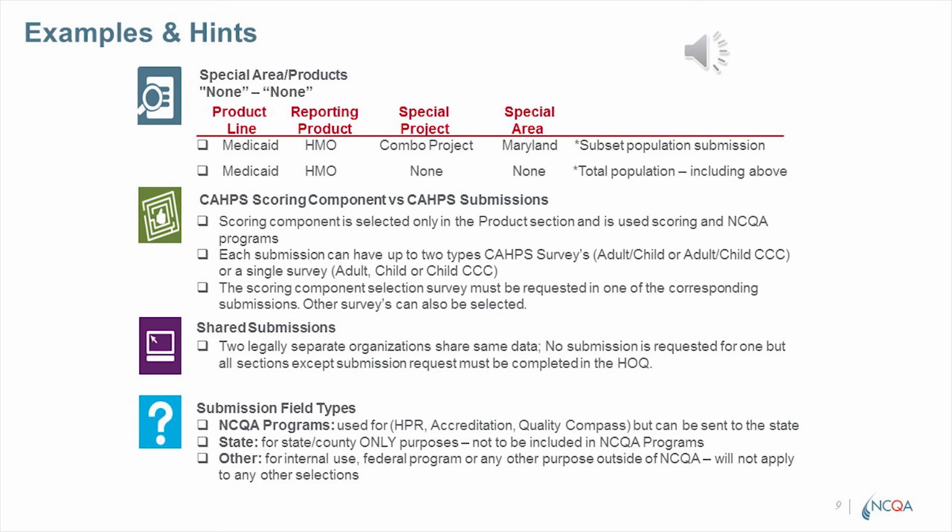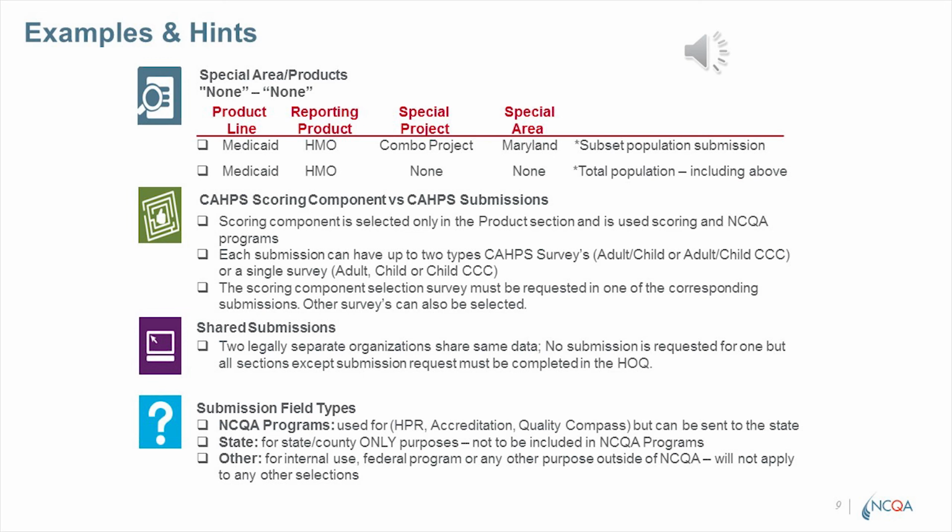Our last section, the submission field types. Generally, we had to make many changes in this field for organizations, and what you pull up in the HOQ may be different from what you actually selected last year. You can change it back, but generally, if we changed it before, we're going to have to change it again because it doesn't fit the criteria for the area that you selected.